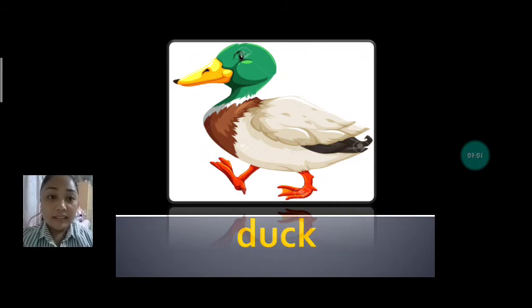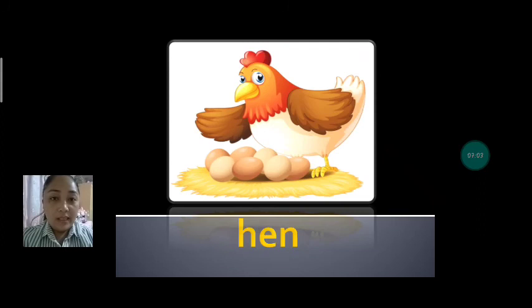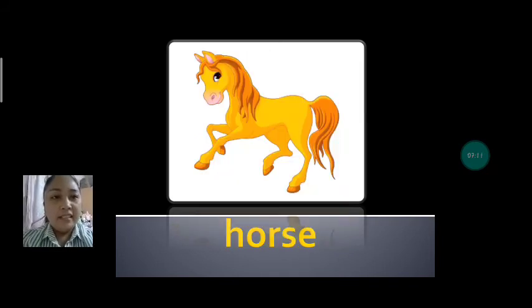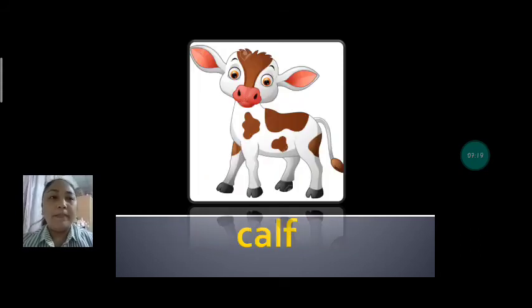It's a duck. What is this? It's a hen. What farm animal is it? It's a horse.